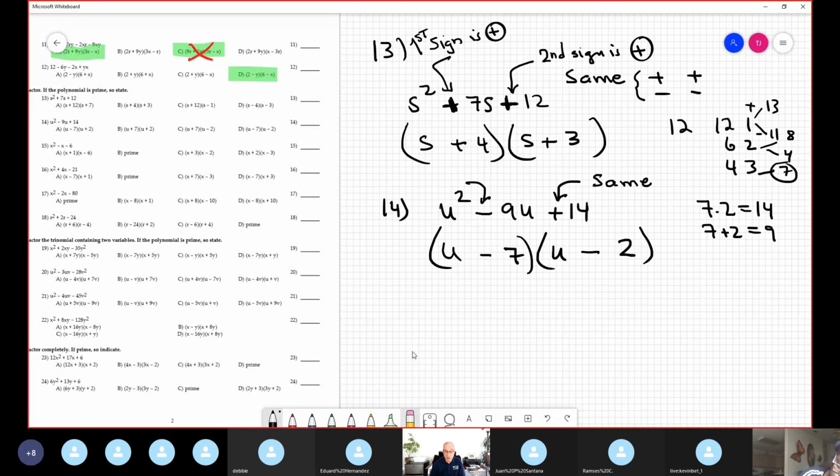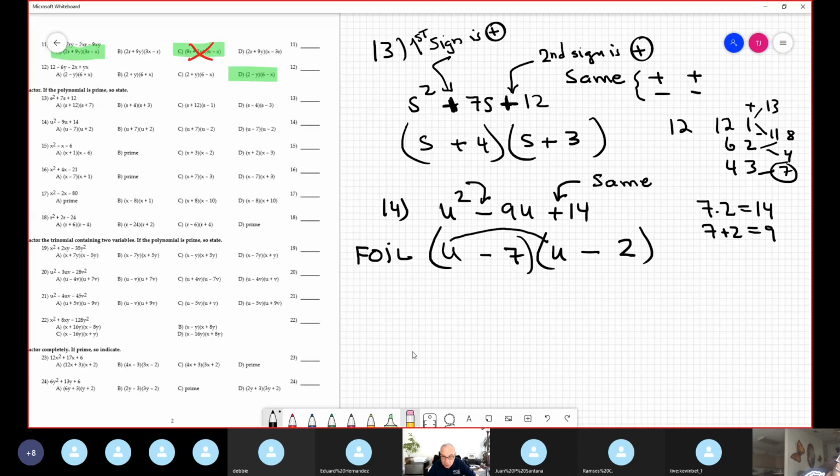Okay, I understand. However, I want to check it. Yes, mandatory checking. We are doing the opposite process in the opposite direction. Well, it's easy. You apply FOIL, if you want to prove that this factorization, when you multiply, comes back again to the original trinomial. Let's do it.